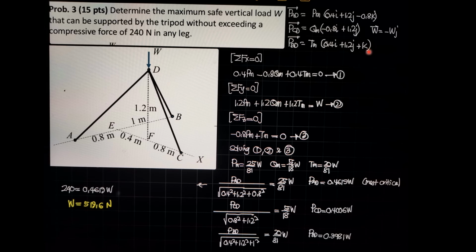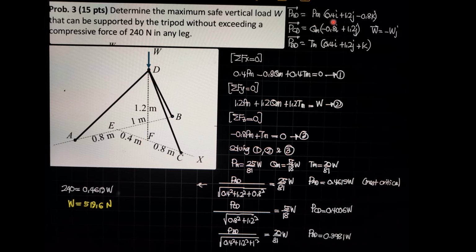Summation of forces in x equals 0 because the weight has no x component. So x component of PAD, which is 0.4 Pm, plus x component of CD, which is negative 0.8 Qm, plus x component of BD, which is 0.4 Tm, equals 0. Call that equation 1. Summation of forces in y equals 0.